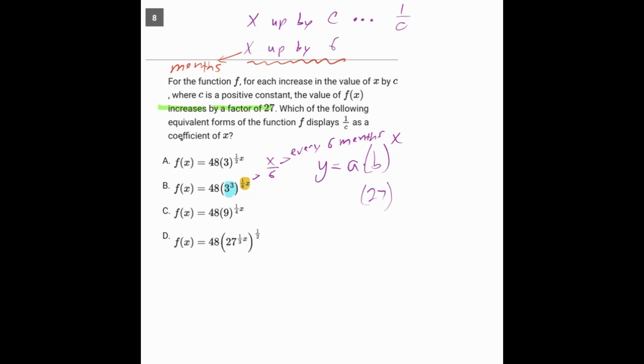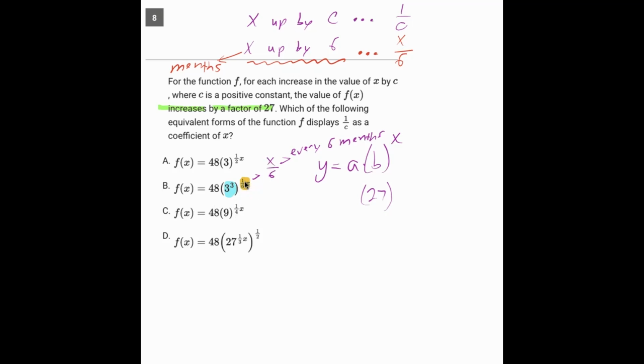And what we said in the beginning was, if this change was happening every 6 months, we would see that in our equation as 1 over 6, or x over 6, better. So that's exactly what's happening here.